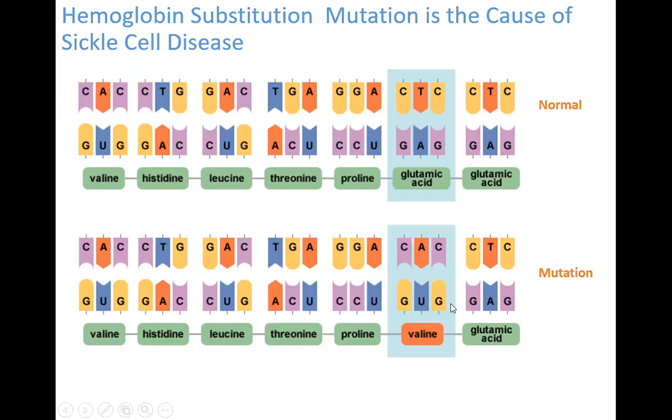Now, what happens is, in sickle cell disease, the amino acid valine is put in at the number 6 spot. So now our hemoglobin, instead of having glutamic acid at the number 6 spot, we've got valine.